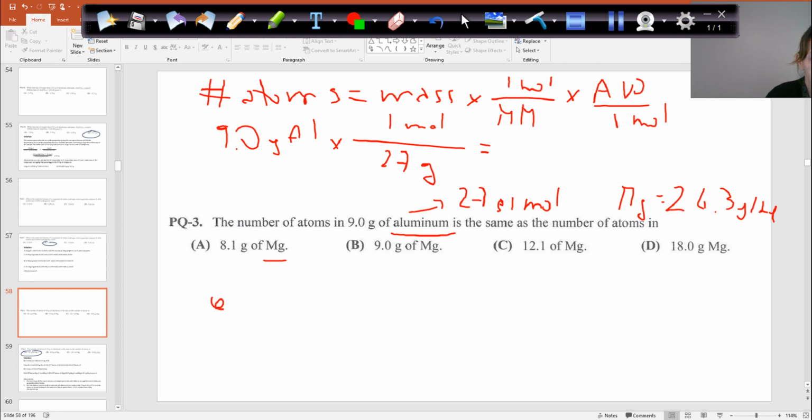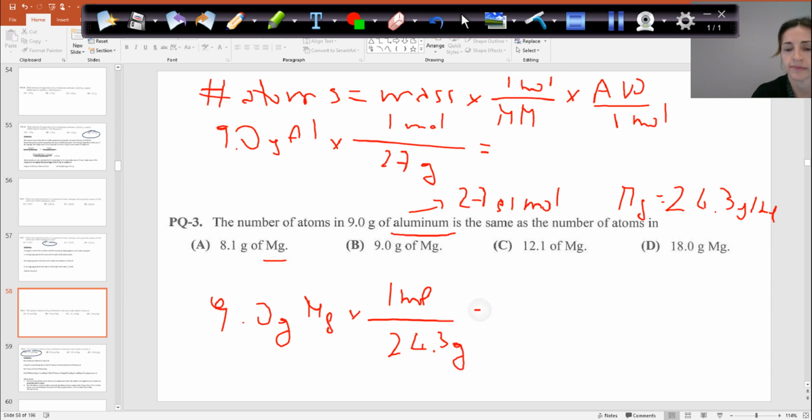So if I am doing it for B, I get 9 grams of magnesium times 1 mole over 24.3 grams. We can do the calculations, or we can even just look at these numbers.